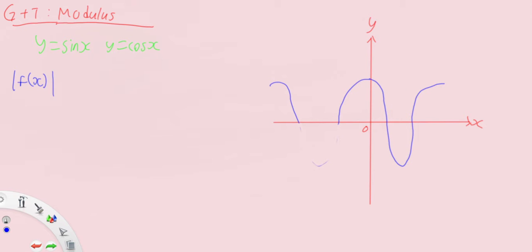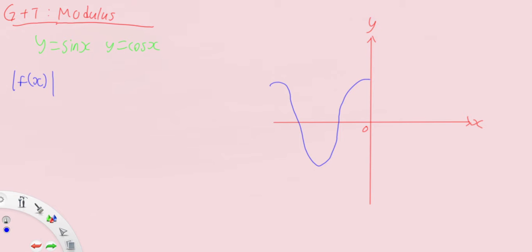Of course, if you have minus mod cosine x, then it would be something like this. Basically, it's now like two hills, or a badly written M. So that is mod cosine x and mod sine x.